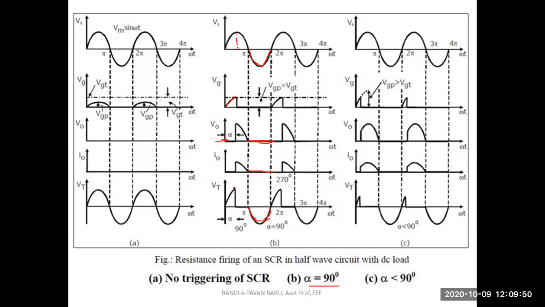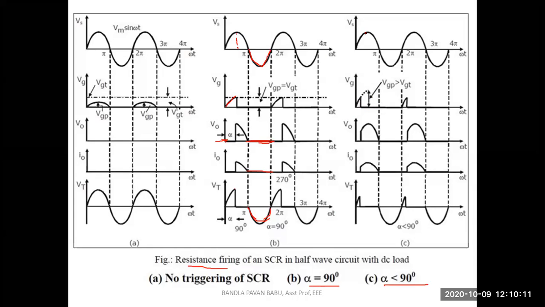So this is the maximum conduction. So alpha is less than 90 degrees, not greater than 90. The maximum conduction control for resistance firing is 90 degrees only, 0 less than alpha less than or equal to 90 degrees only. Okay, so let us consider 45 degrees.